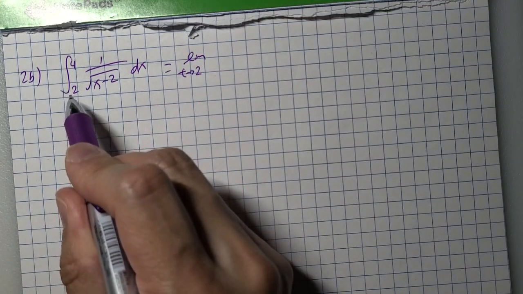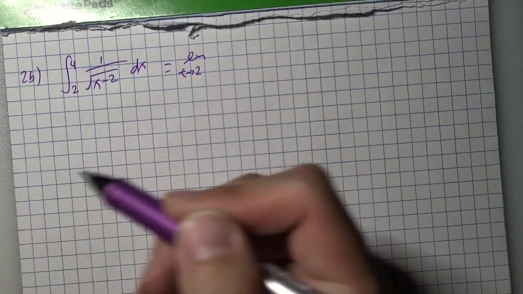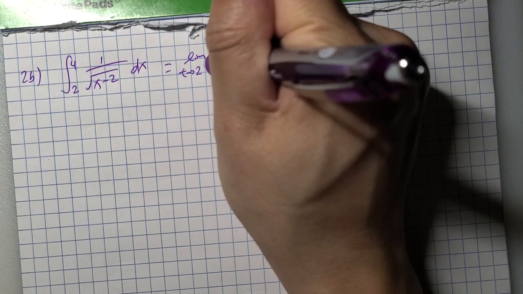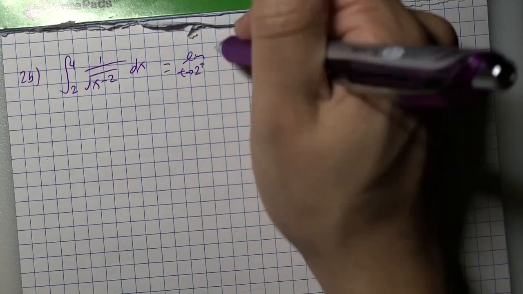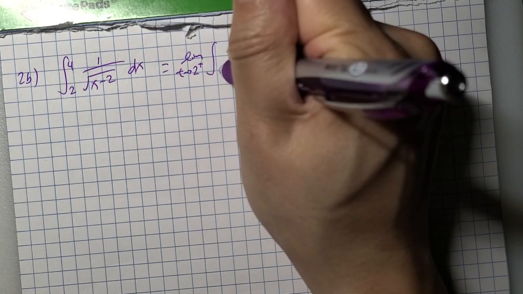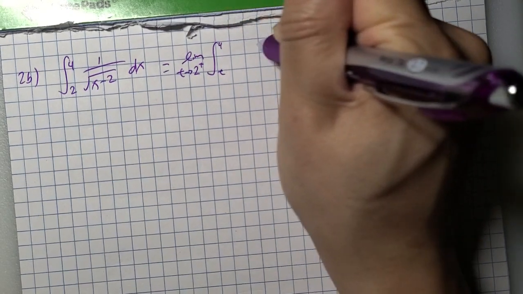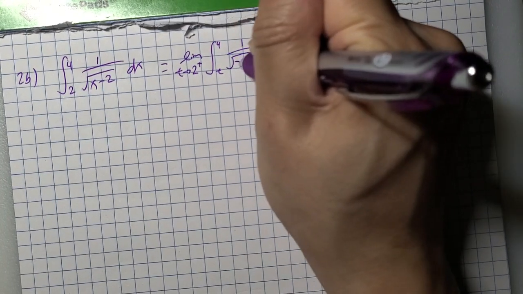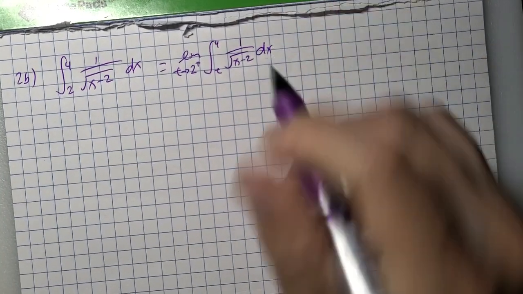This one is the lower bound, which is to the right. That's the limit as t goes to 2 from the right of the integral from t to 4 of 1 over square root x minus 2 dx.